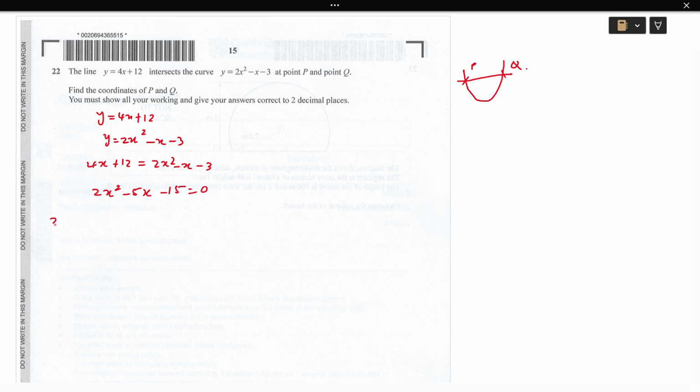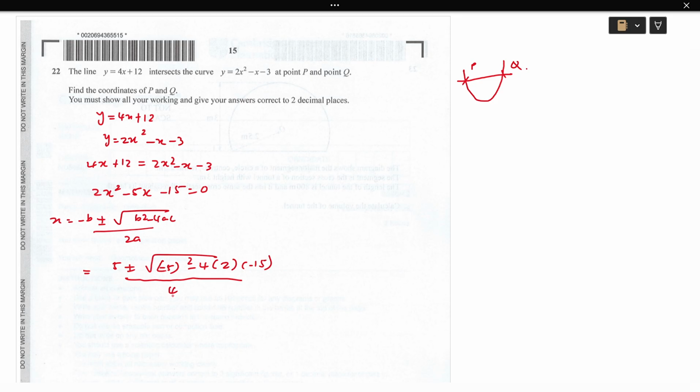Now I'll use the quadratic formula. X equals minus b plus or minus square root of b square minus 4ac, over 2a, which equals minus of minus 5 plus or minus square root of minus 5 whole square minus 4 into 2 into negative 15, over 4, which equals 5 plus or minus square root of 145 over 4.